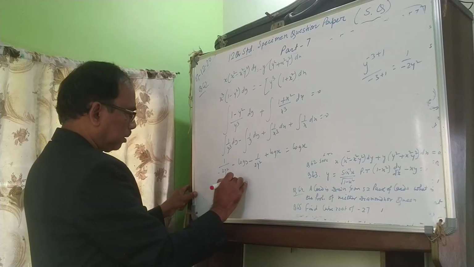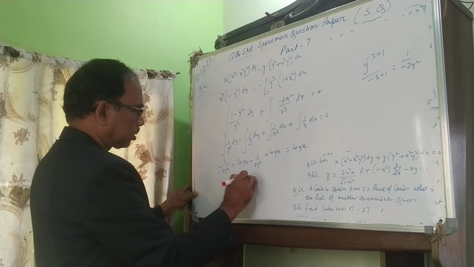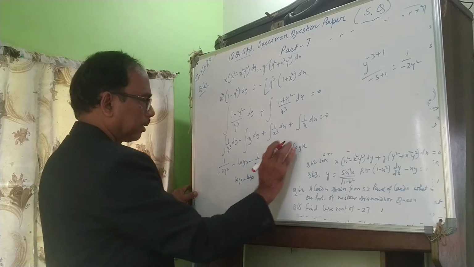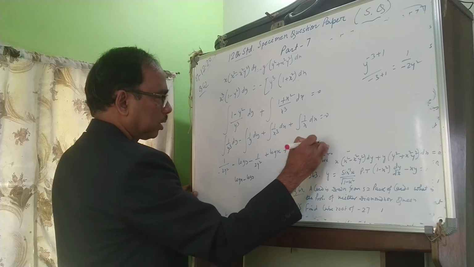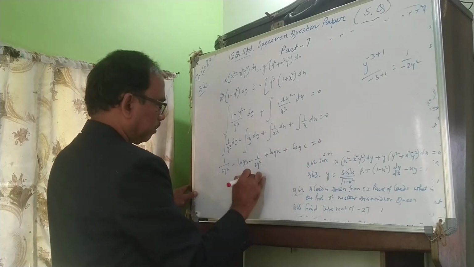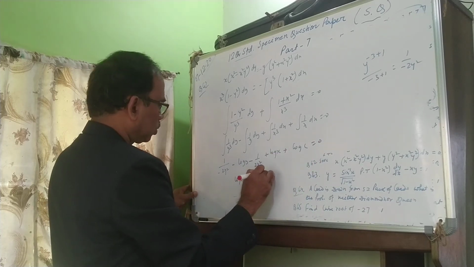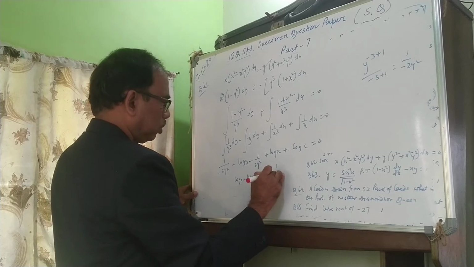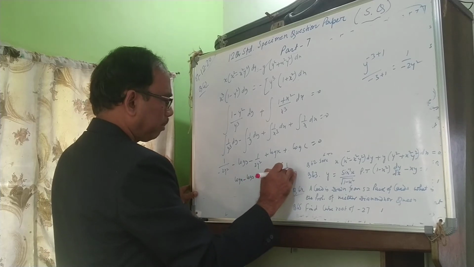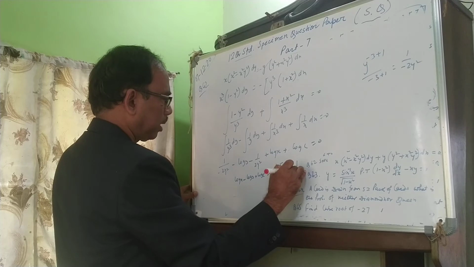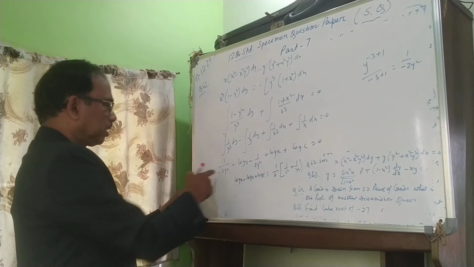That is log x minus log y plus log c equals 1 by 2 common, 1 by x square plus 1 by y square. This is coming to the right hand side, that is positive.